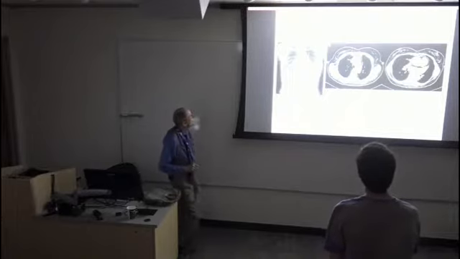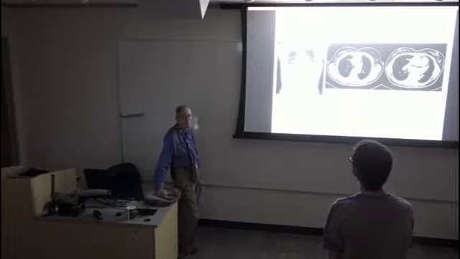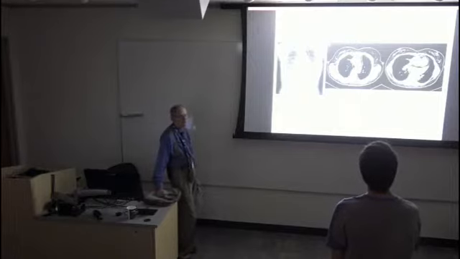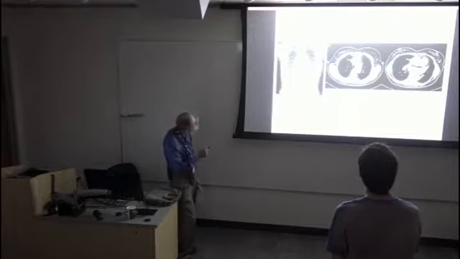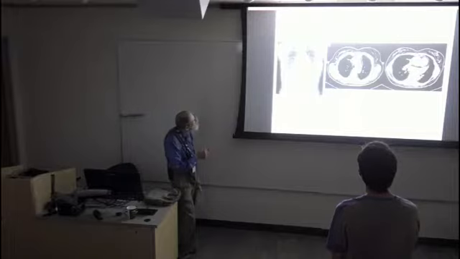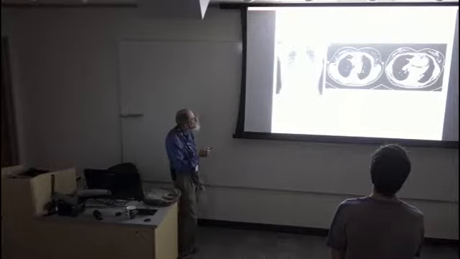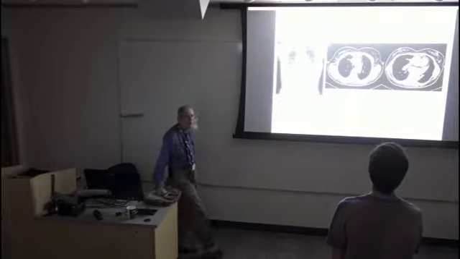And again, you have little arrows, here's something bad. What are they pointing to? They're pointing to an area of increased density that correlates with these areas of increased density on your CT scan.